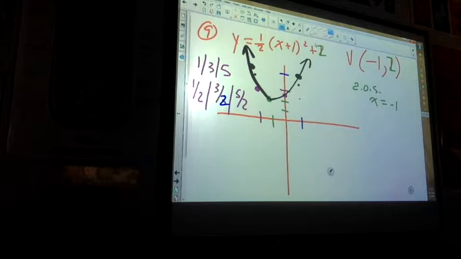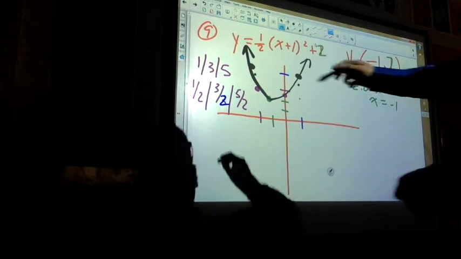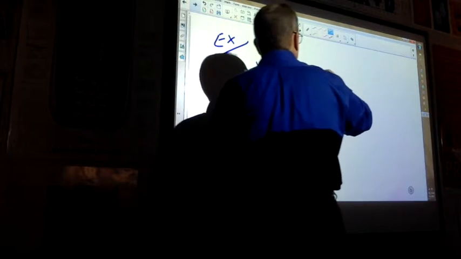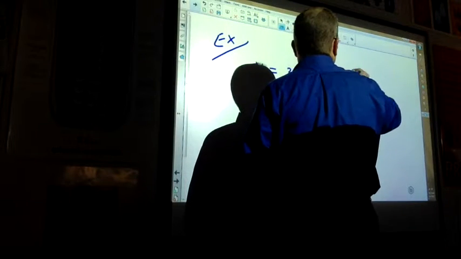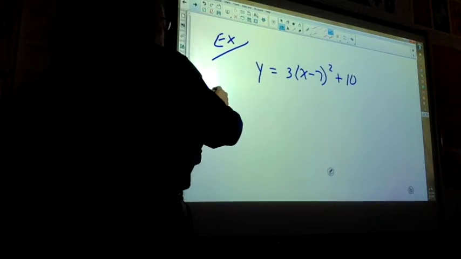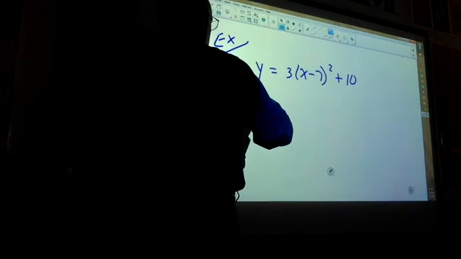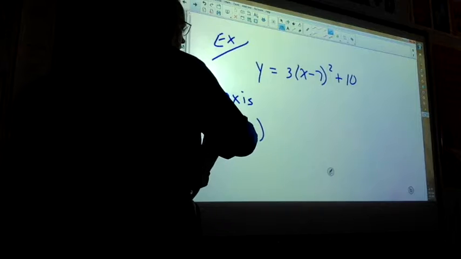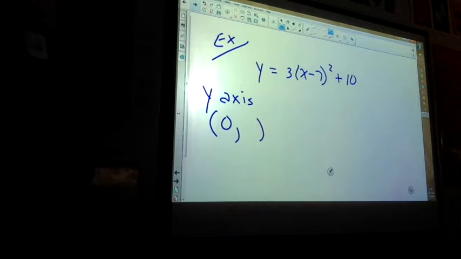So this one, excuse me, is not on the graph. Let's say you have a problem like this. This is just an example. Okay, if you wanted to know where this crosses the y-axis, it's at 0, comma, something.